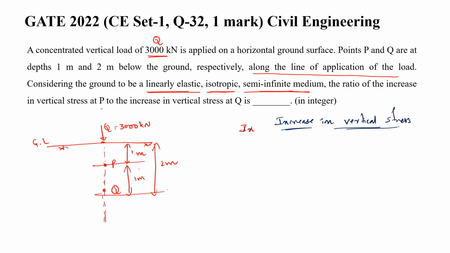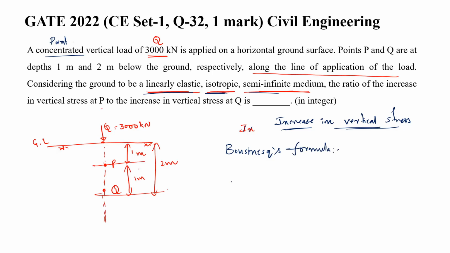So there is a formula. While reading the question itself, you should understand which formula should be used, because they have given some particular assumptions regarding the ground. So these assumptions and this concentrated load meaning point load, taking all these things, Boussinesq's theory or Boussinesq's formula you should use for it.